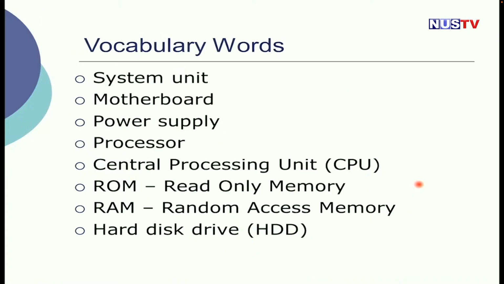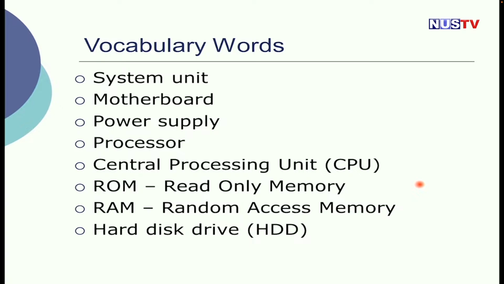Here are the vocabulary words for you to study this week. Now you can use your dictionary or you can also go on Google to find the definition or review the definition of these words. Now let's go over the list of words.